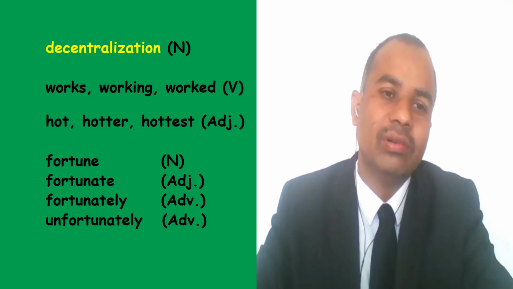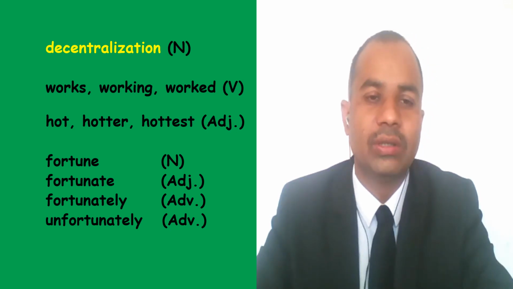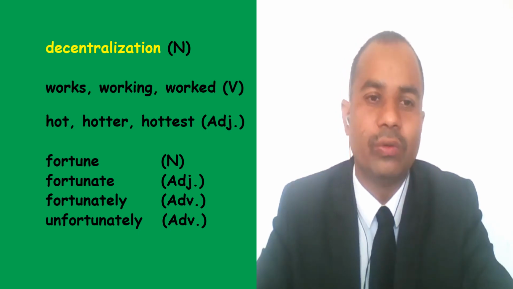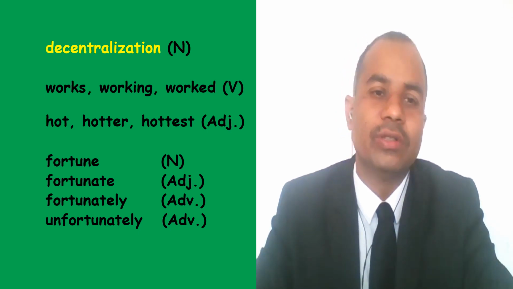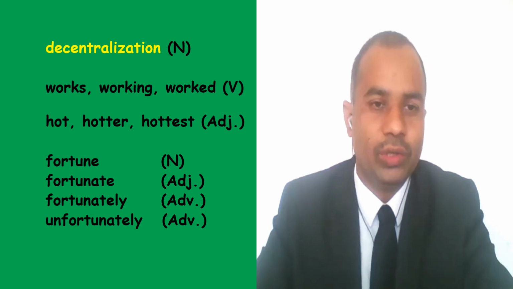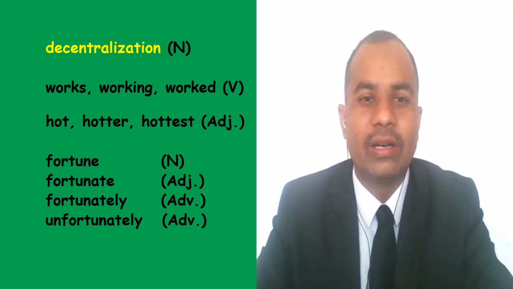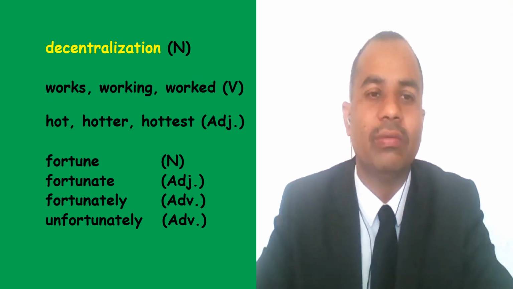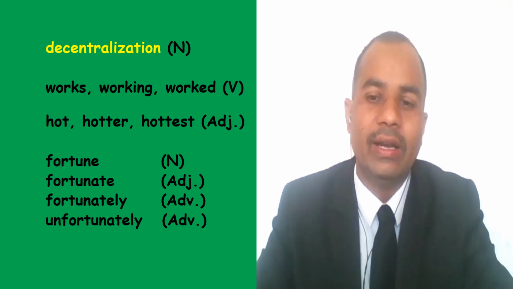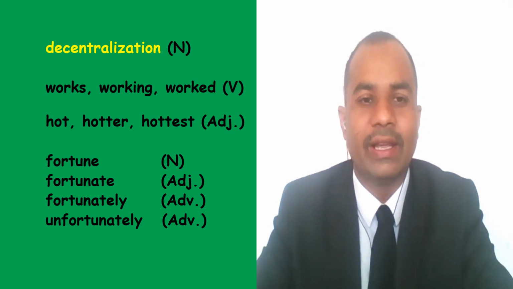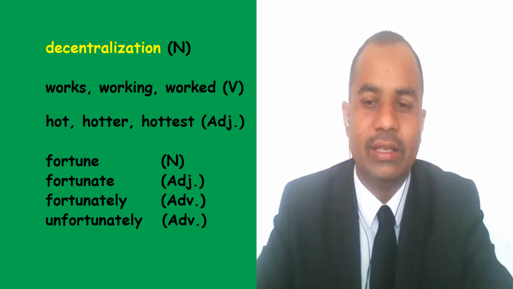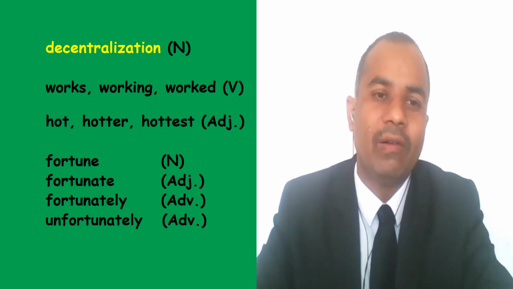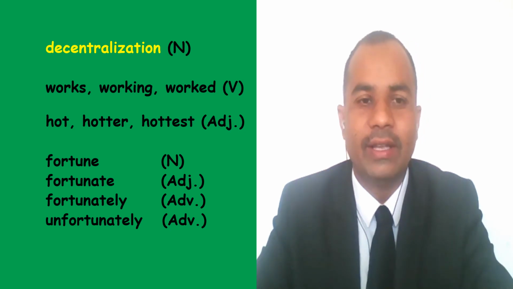The basic word, base word or root word: yes, absolutely there is a difference between root and base, but we will not go into detail. We will use them alternatively here. So center is the root word in this word, and see how many words you have created by adding different suffixes like al, ize, ation, and lastly we have added de as a prefix.